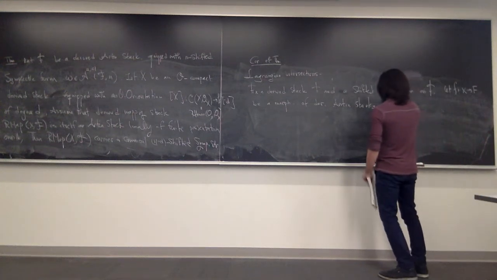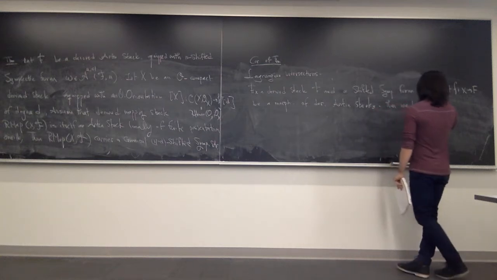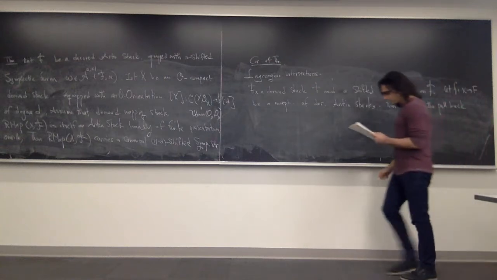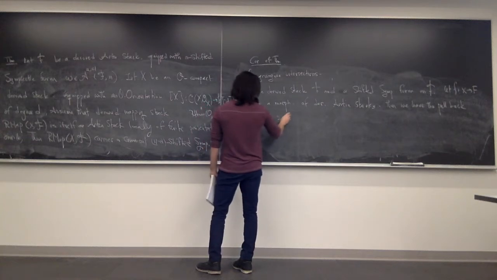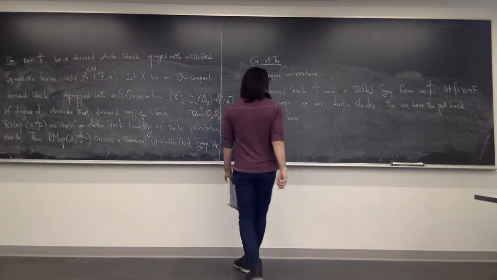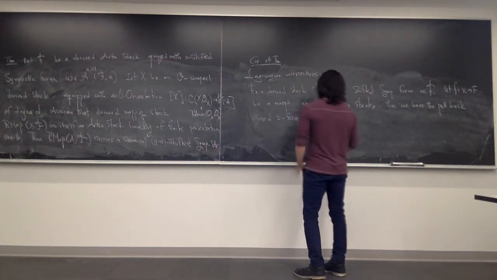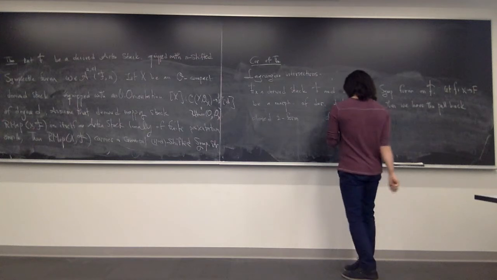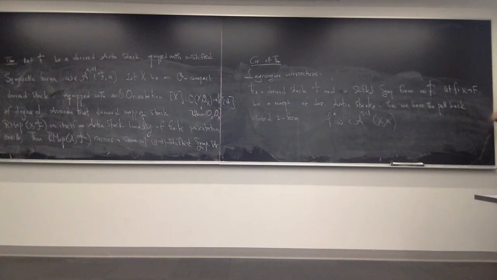Then we have the pullback morphism. Pullback of closed two forms induced by the pullback morphism, which is the pullback of the form, which lands inside this component of closed two forms on X of degree n.